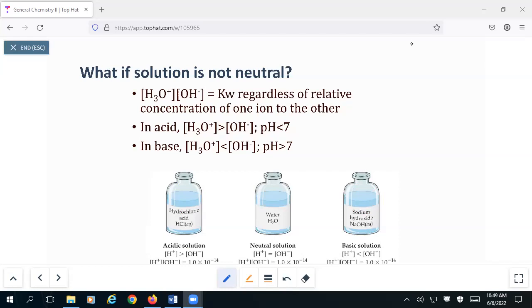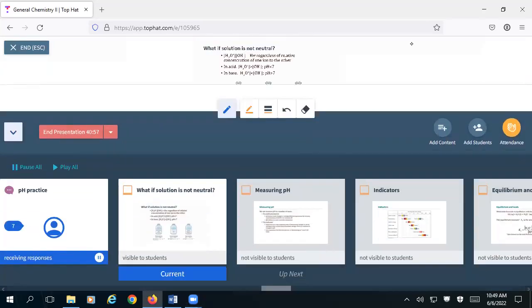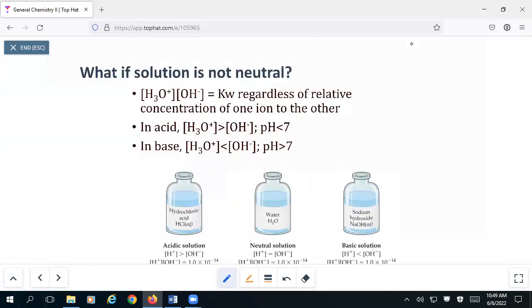So the next thing that we want to look at is answering the question, well, what if we don't have a neutral solution? What if hydronium and hydroxide are out of balance? Well, with this understanding of autoionization, we can think of hydronium and hydroxide as being on a seesaw.